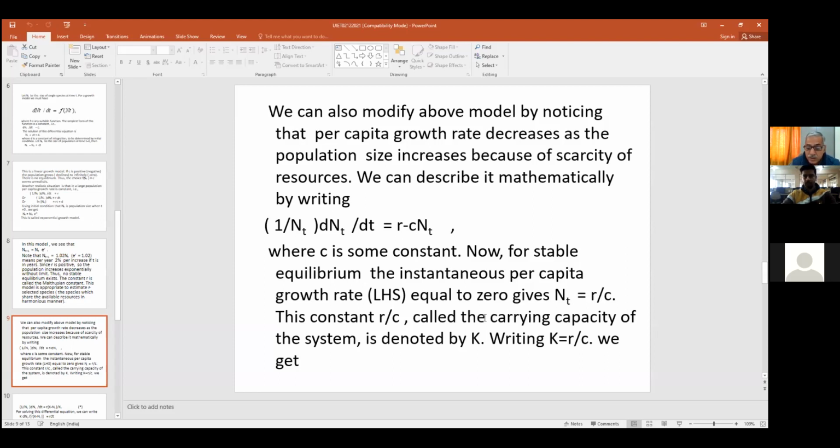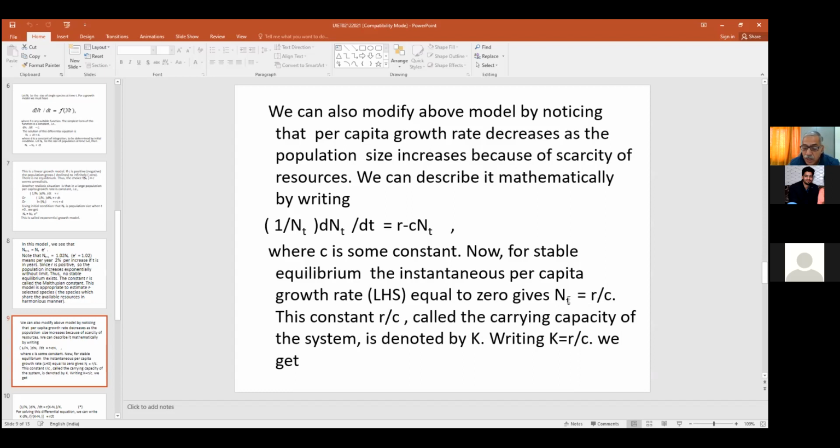This constant, R over C, is called the carrying capacity of the system, denoted by K. Carrying capacity of the system means the system can sustain, or will survive with, only K population size.